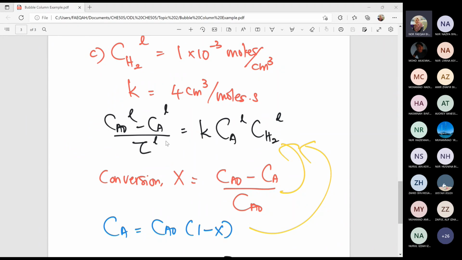Of course lah sebab dia drop and bubble. A over V equal to surface area of spheres 4 pi r square divide with 4 over 3 pi r cube.